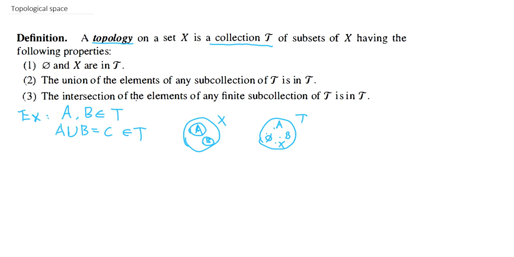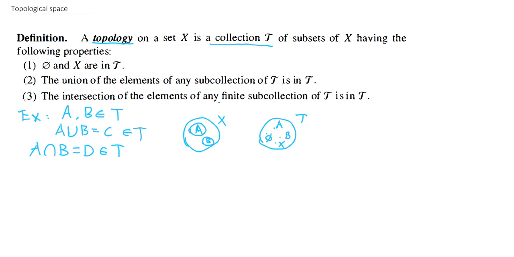It says the intersection of the elements of any finite subcollection of T is in T. So if we do the intersection over some elements of T, the result is still in T. For example, if A and B are elements of T, then the intersection of A and B, let's call it D, should also be an element of T. So this third property also allows us to use the intersection operation inside T without worrying about the result being outside T. So T is closed under the intersection operation.